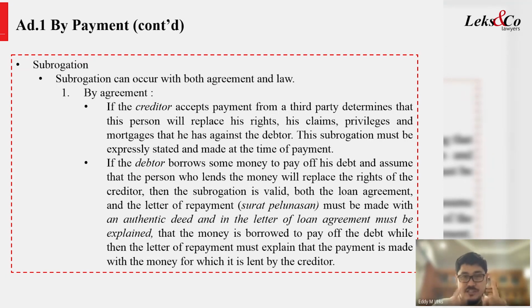So the existing creditor, the bank, will transfer their receivable against the customer who is not paying anymore, to the developer, the new creditor. And this developer as new creditor will then collect the money from the customers.